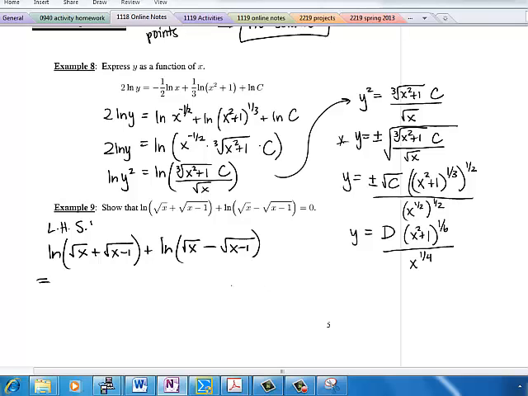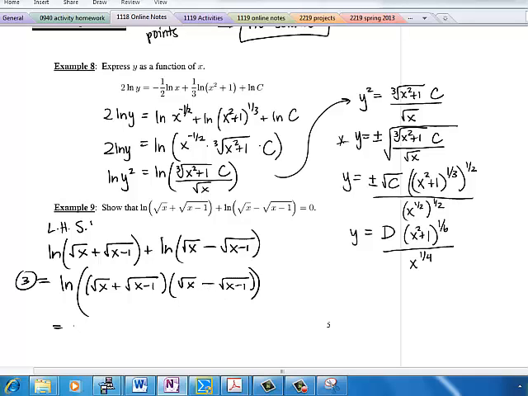We can use property 3 because we have the sum of two natural logs. We can put it together as 1 natural log, and this is going to look like a mess at first. That times square root of x minus square root of x minus 1. And then if we FOIL this out, we have an a plus b times an a minus b pattern.